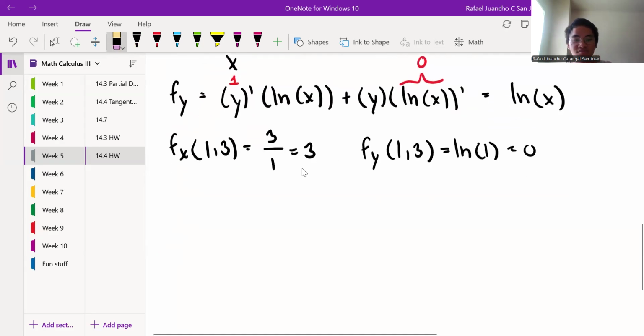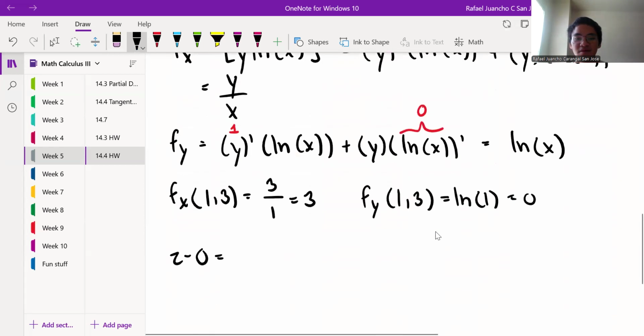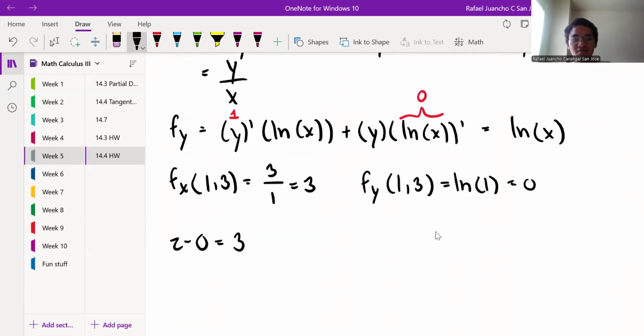Right, now let's plug in. So z minus 0, because this is 0, equals my f sub x, so 3, times x minus 1, or x naught, plus 0. Actually, I don't need to put anything here. Anything multiplied by 0 is nothing, basically. So we're done.